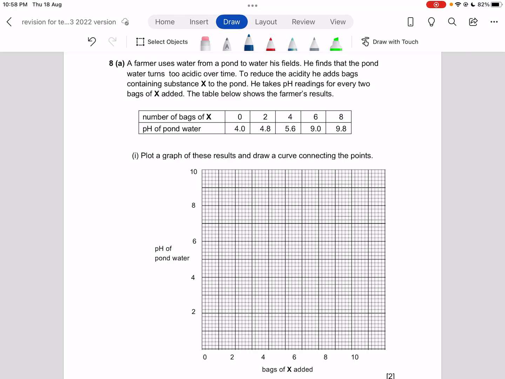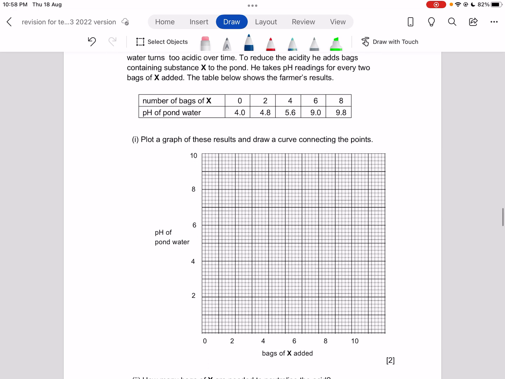Okay, so the first one is 0 bags. When it's 2, it is 4.8. When it's 4, it is 5.6.